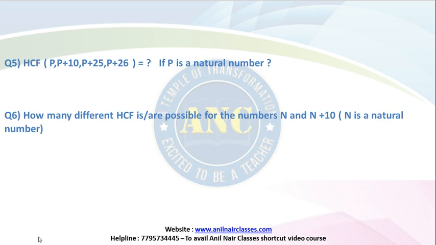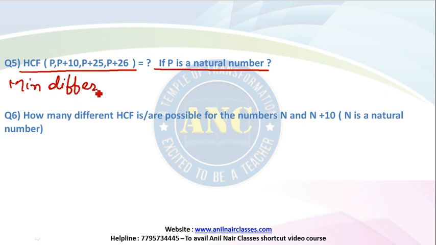HCF of P plus 10, P plus 25, P plus 26, if P is a natural number. Now if you see, what is the concept that we discussed? Minimum difference concept.